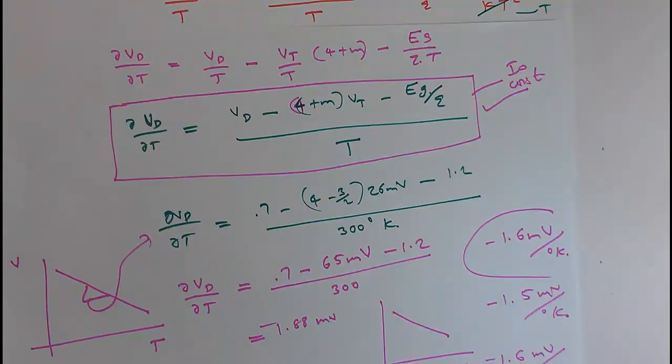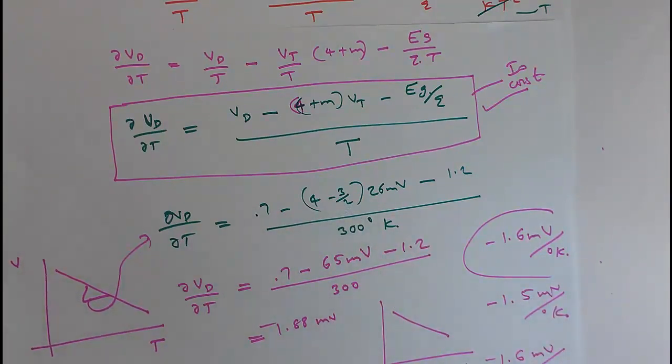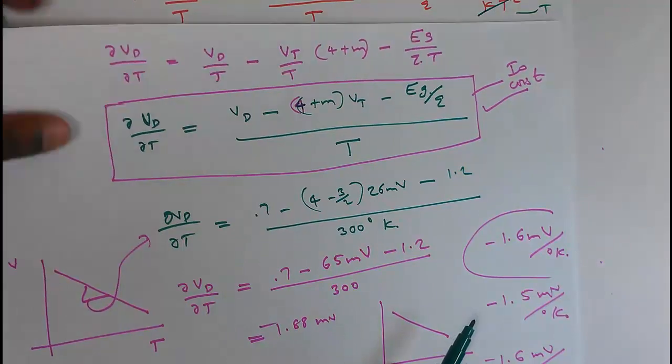When we substitute the numerical value, earlier it came 4 minus 3 by 2, now it will become 3 minus 3 by 2. Let's substitute the values.